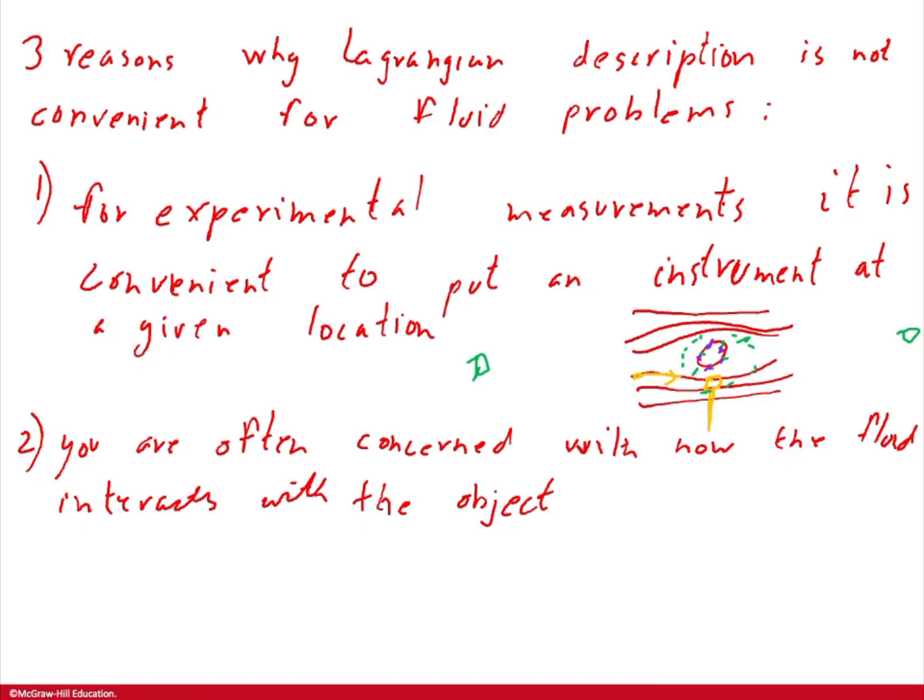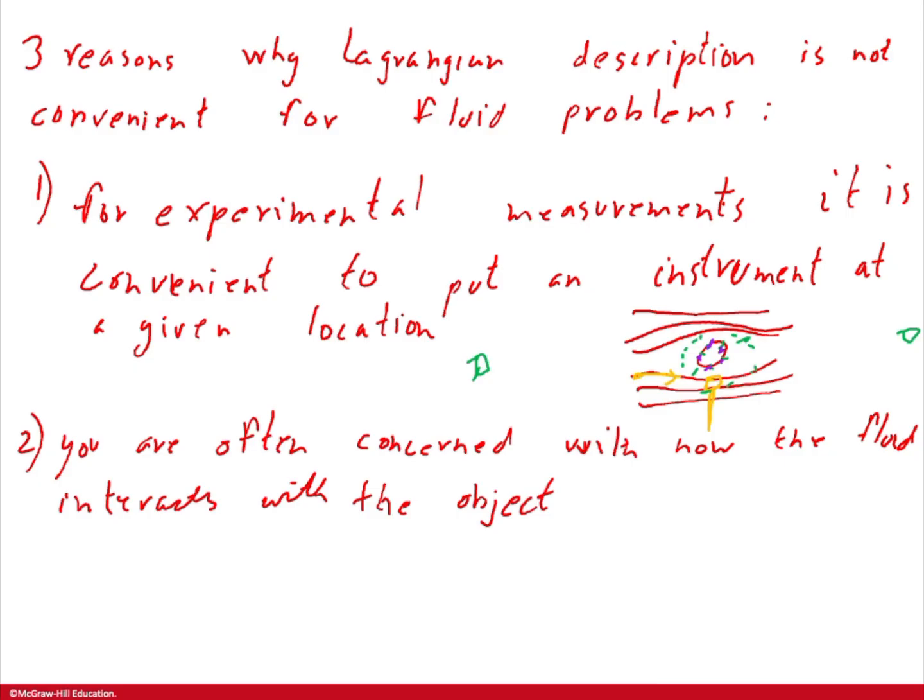So this again goes to the point that because you're often concerned with measuring the flow characteristics of how the fluid is interacting with an object, it is more convenient at times to use the Eulerian description, where you're not worrying about tracking the fluid particle or moving with the fluid itself, or tracking each atom.